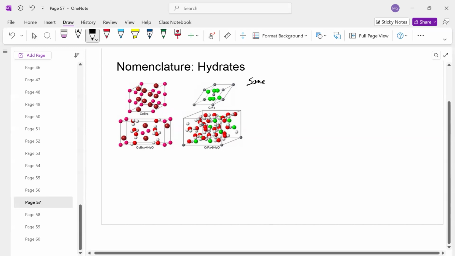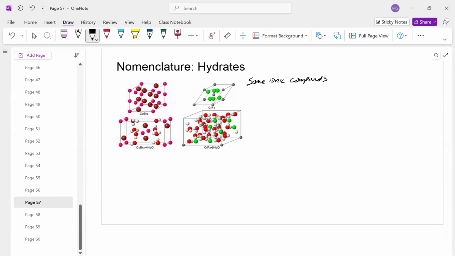So some ionic compounds have water in their crystalline structure. Water's not bonded to the compounds. It's just kind of caged in, so to speak.